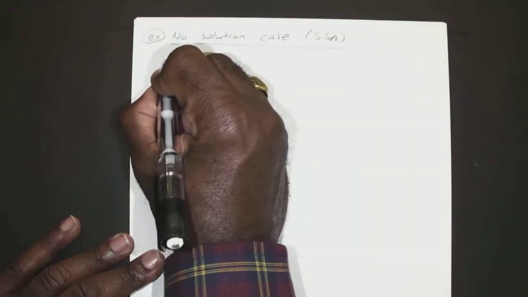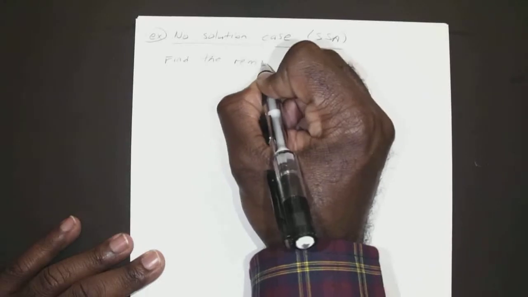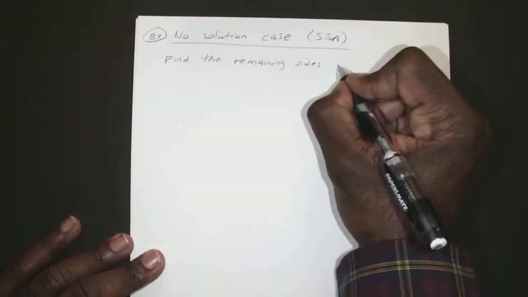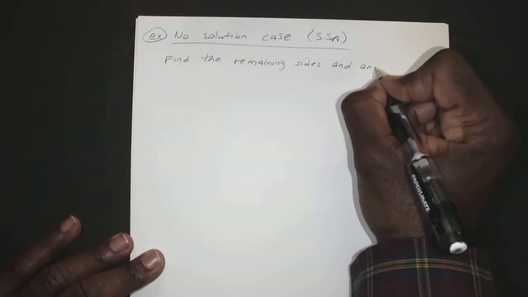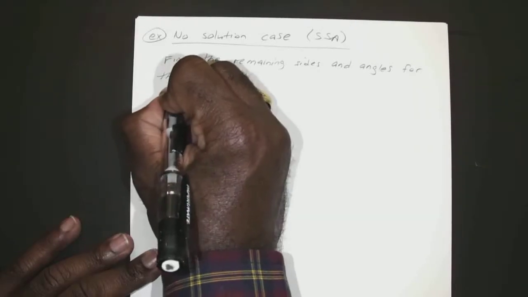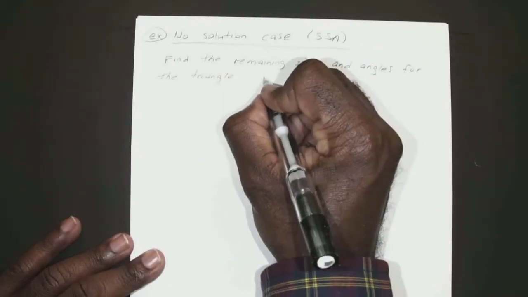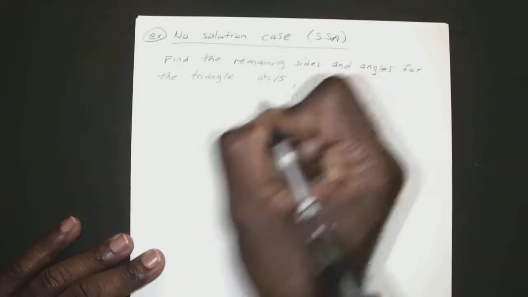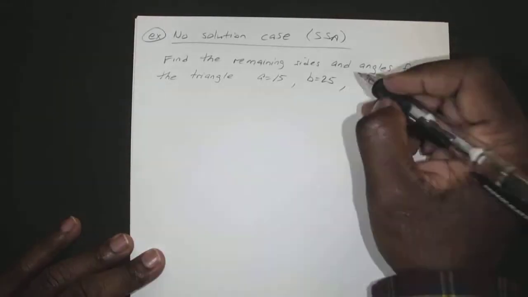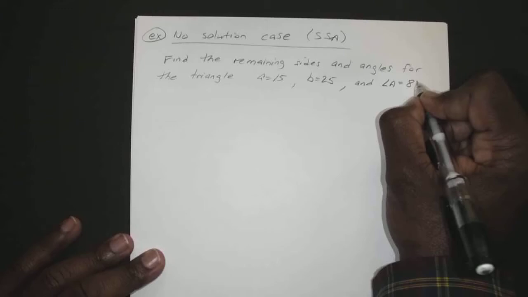So let's say we want to find the remaining sides and angles for the triangle. A equals 15, B equals 25, and angle A is equal to 85 degrees.